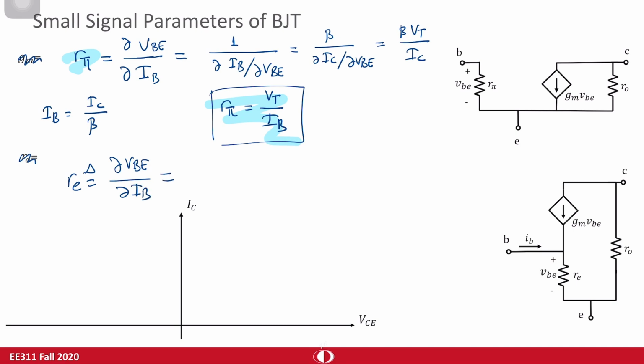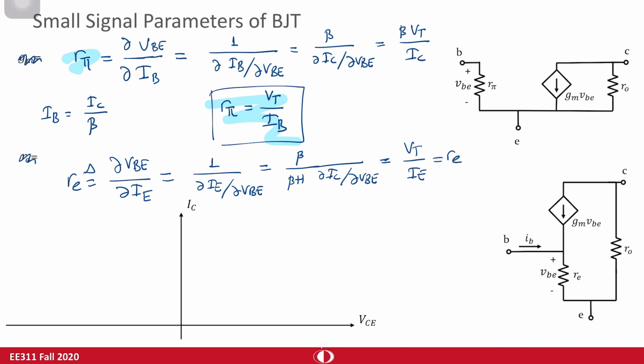And if you make the same calculation, it is 1 over del I emitter by del VB, which is beta over beta plus 1 del IC by del VBE, and the final term will be VT divided by I emitter, which is small re.